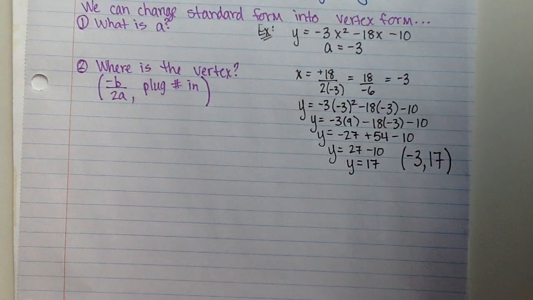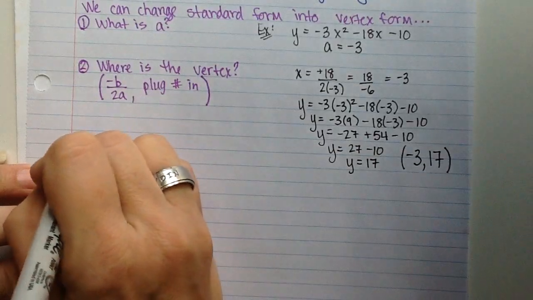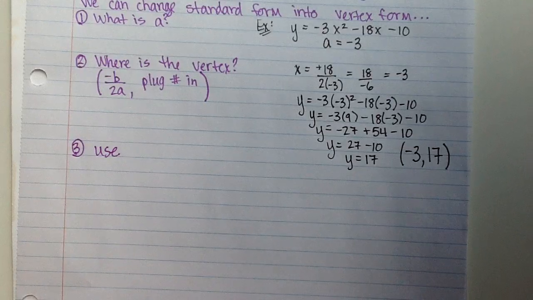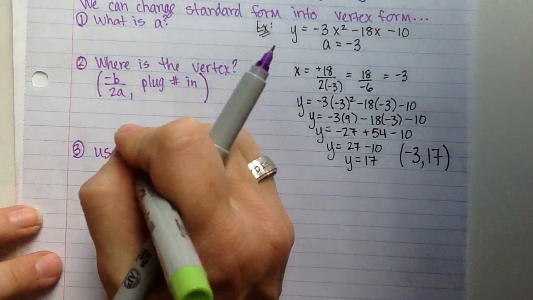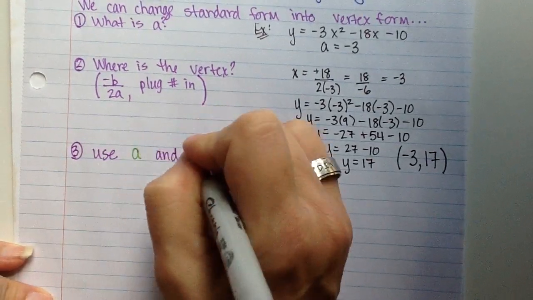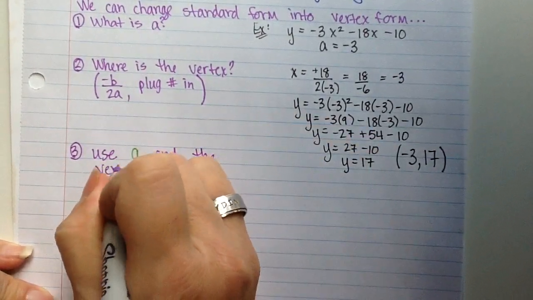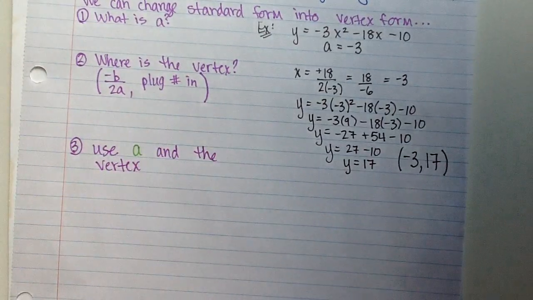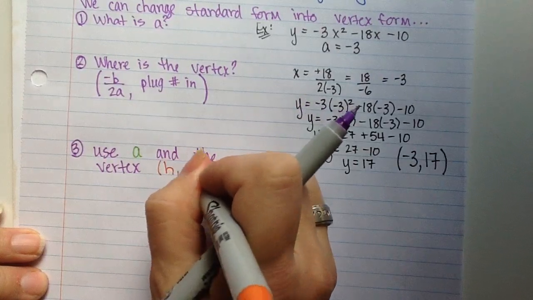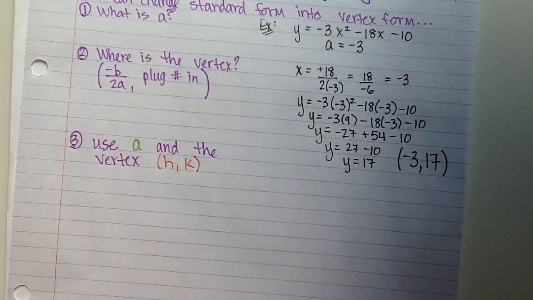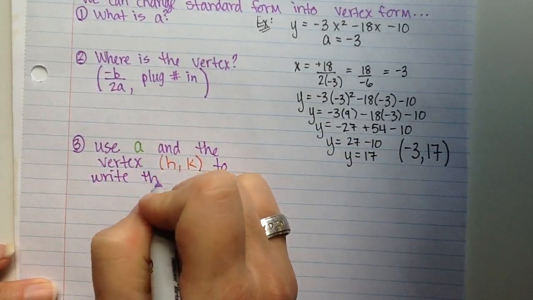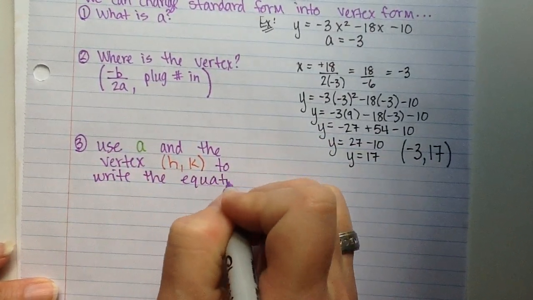Then the next thing I'm going to do is use the letter that I found for a and the vertex, which I'm going to represent by (h, k), to write the equation in vertex form.